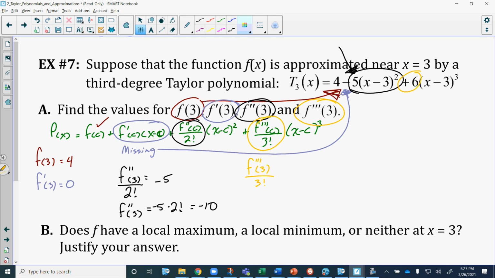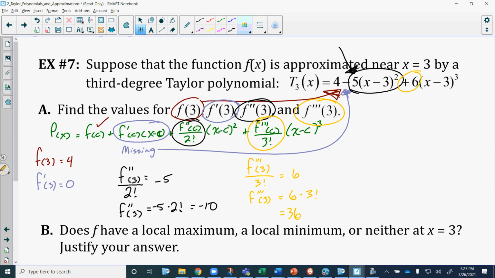And in this case, the Taylor polynomial gave us that value to be a 6. So, same thing like what I did for the second derivative, I'm going to multiply both sides by 3 factorial to get the third derivative by itself. So I have 6 times 3 factorial. Well, 3 factorial is 6. 6 times 6 is 36.